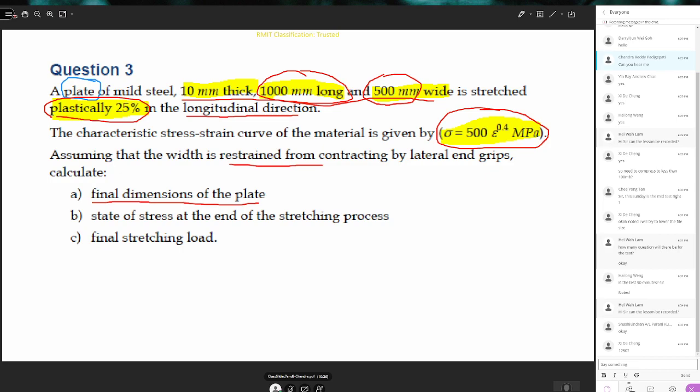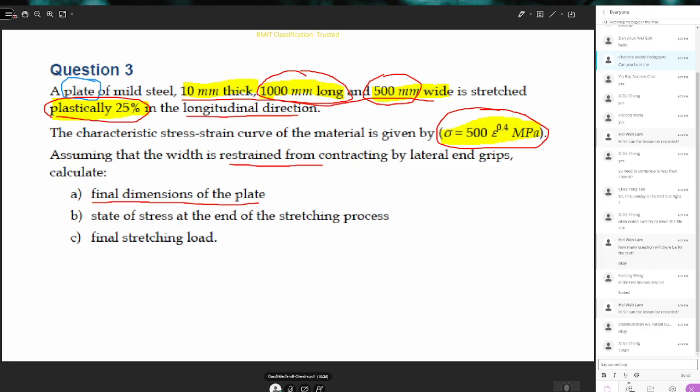So any answer for the first one? The longitudinal strain 0.223 is correct. So you can say 0.223. So what about the strain in the width? So any unit for this? This is 0.